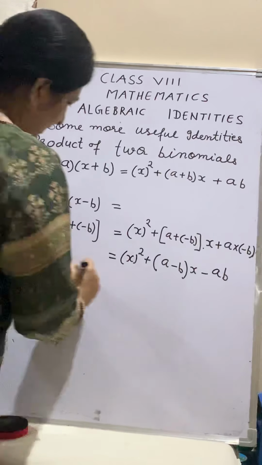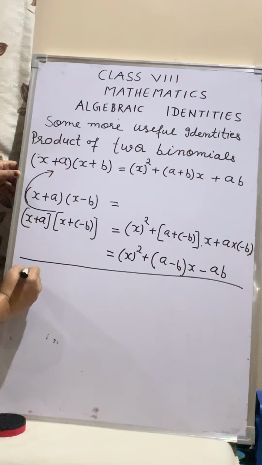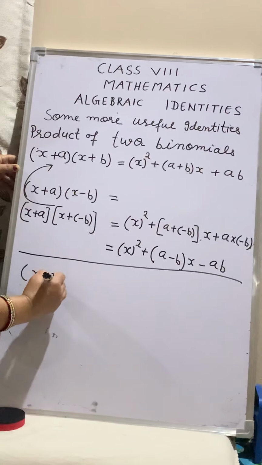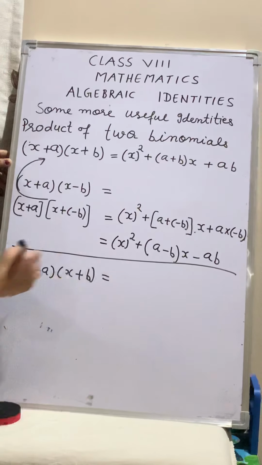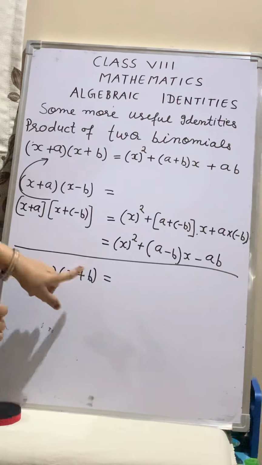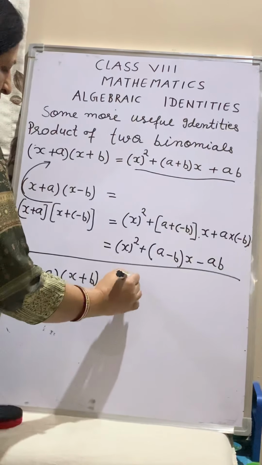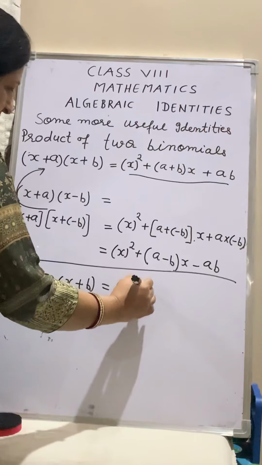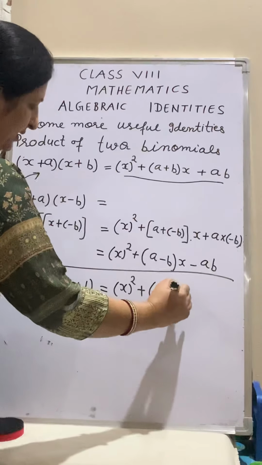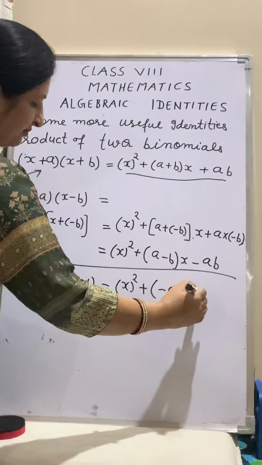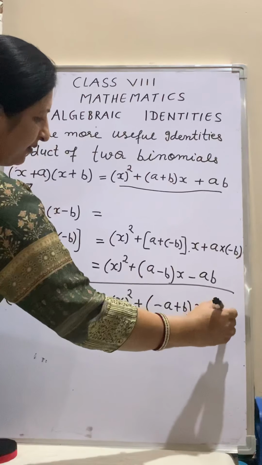Now look, if we have the product x minus a and x plus b, now a is negative and b is positive, we will use this: whole square of the first plus, a is now negative and b is positive, multiplied with x, plus a is negative and b is positive.